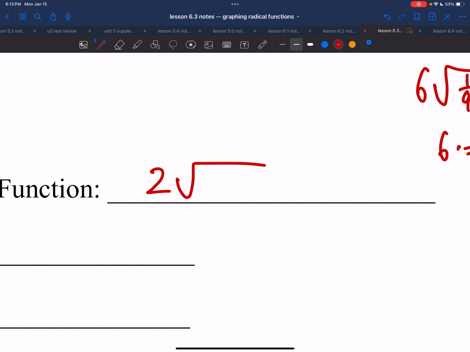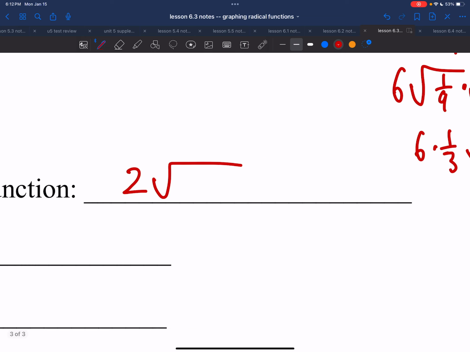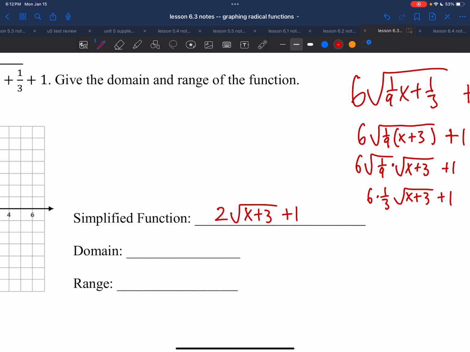So it's 2 square root of x plus 3, plus 1. And that's the function. Way easier to analyze, right? That's a vertical stretch by a factor of 2. It's a shift left 3 and up 1.